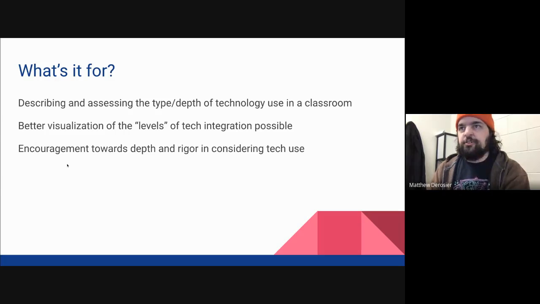It's also an encouragement towards depth and rigor in considering tech use. The SAMR model reminds you that there is more that you could be doing with tech if you chose to make that a priority, and if it makes sense to. For some things, it's not going to make sense to go full on redefinition, like note taking.